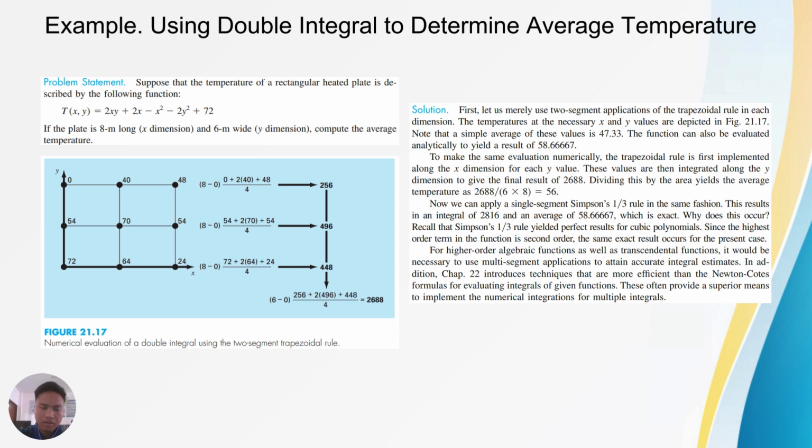Suppose the temperature of a rectangular heated plate is described by the following function: T(x, y) = 2xy + 2x - x squared - 2y squared + 72.